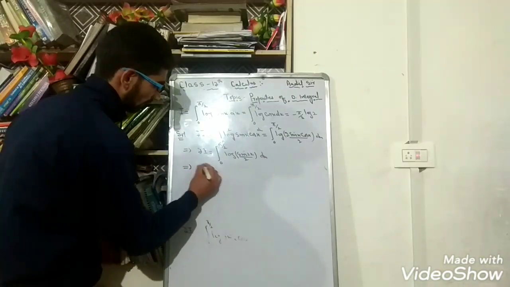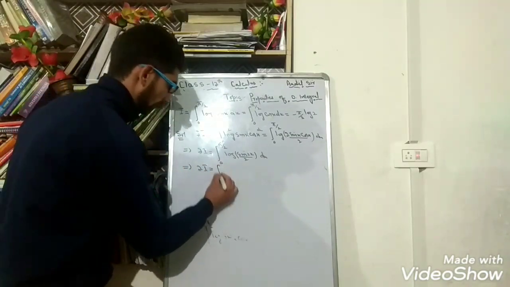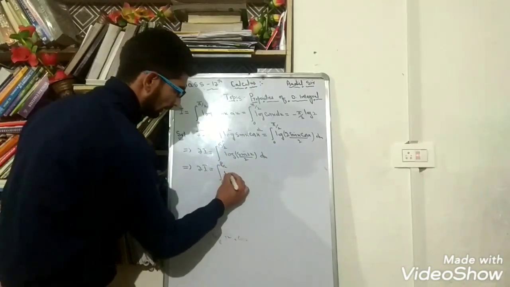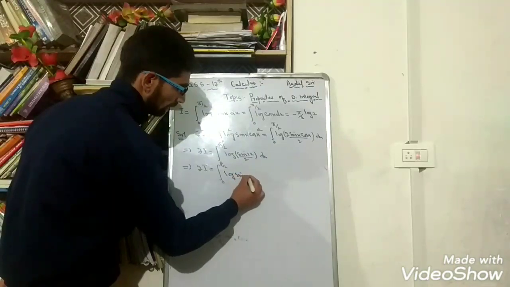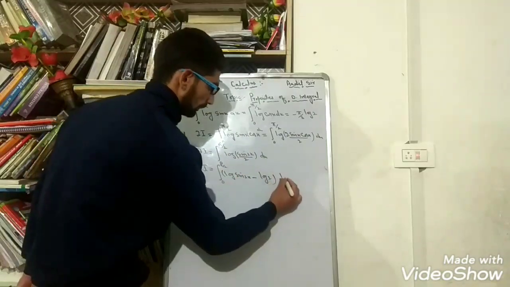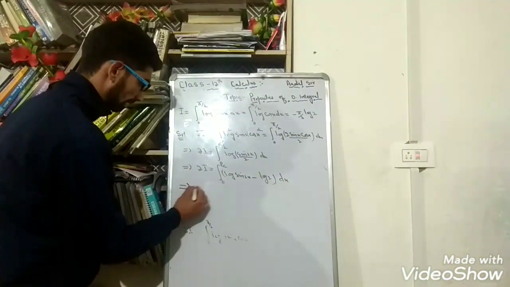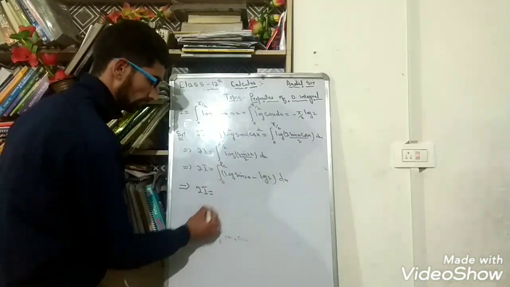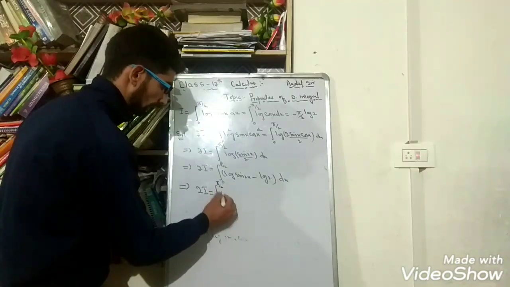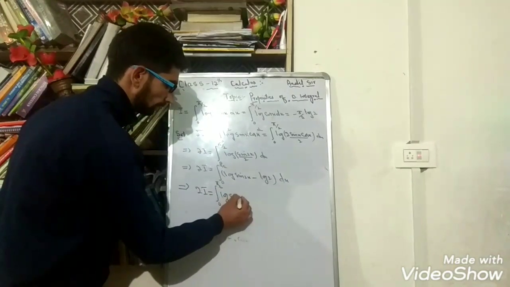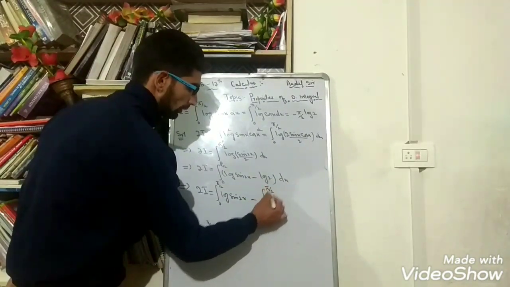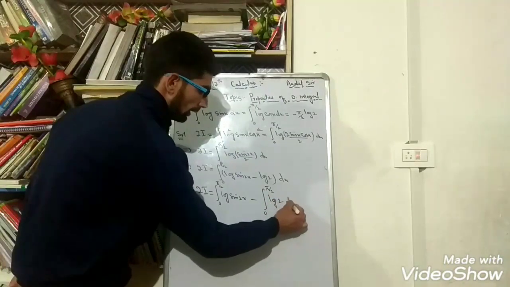You will get here 2I equals the integral from 0 to pi divided by 2 of log of m divided by n, that is log of m, sin 2x, minus log of n, that is log of 2, dx. So I am getting here 2I equals the integral from 0 to pi divided by 2 of log of sin 2x, minus the integral from 0 to pi divided by 2 of log of 2 dx.